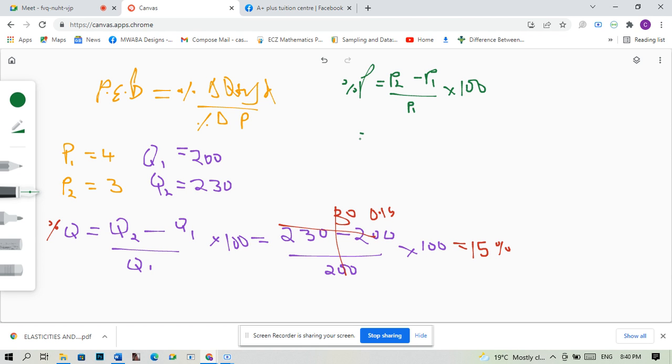All right, so P2 is 3, P1 is 4, and then P1 again is 4, multiplied by 100.